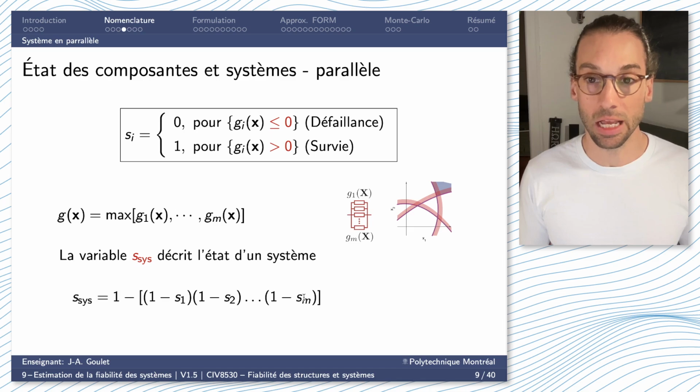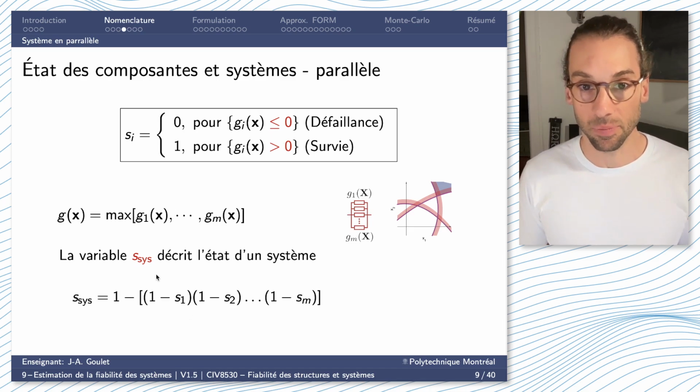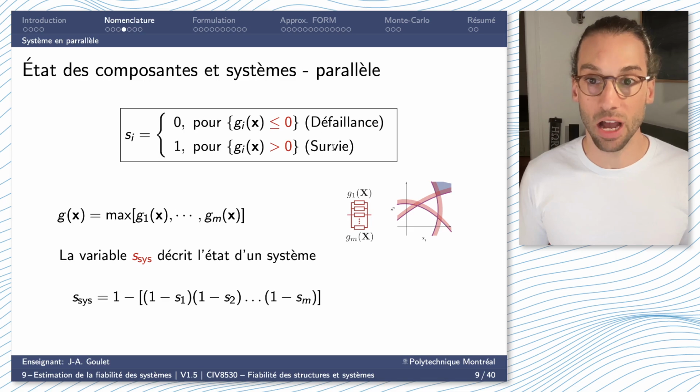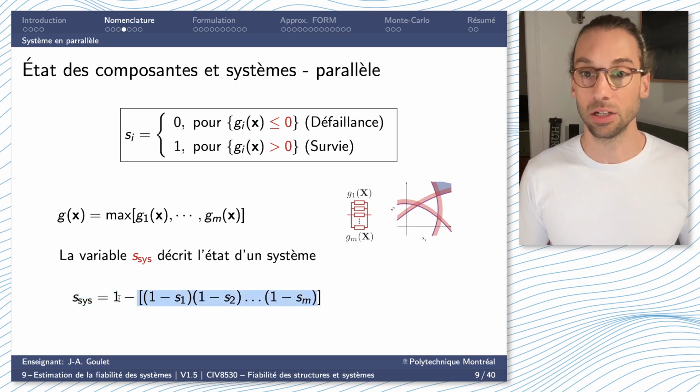So what does it mean? In a parallel system, 1 describes survival. So 1 minus 1 is 0, so if any of them survives, this term is 0. If this term is 0, everything within the brackets is 0, and 1 minus 0 stays 1, so the system survives.